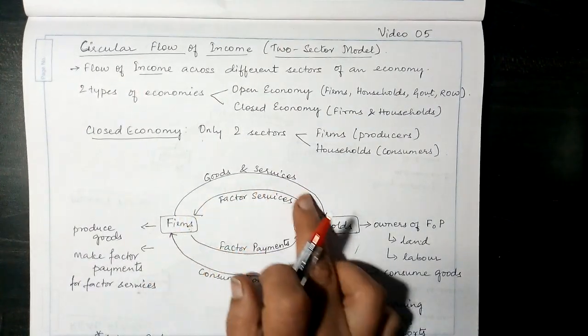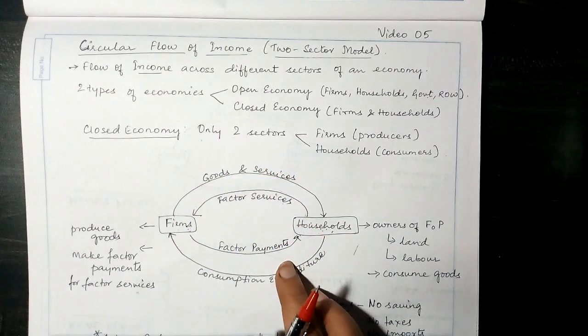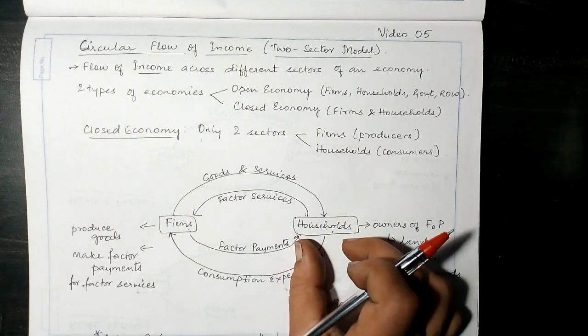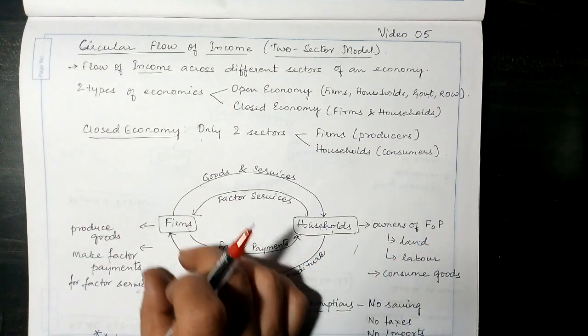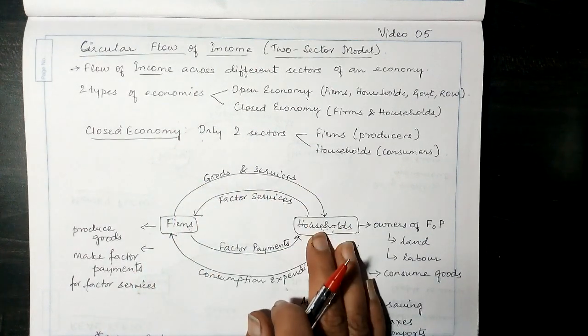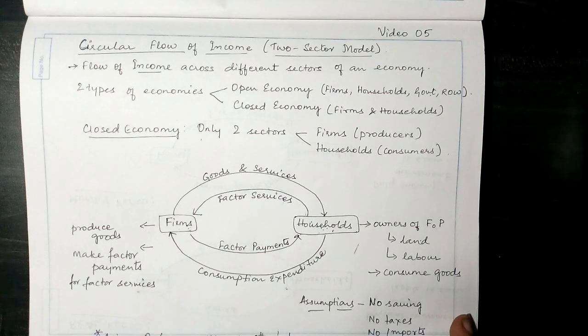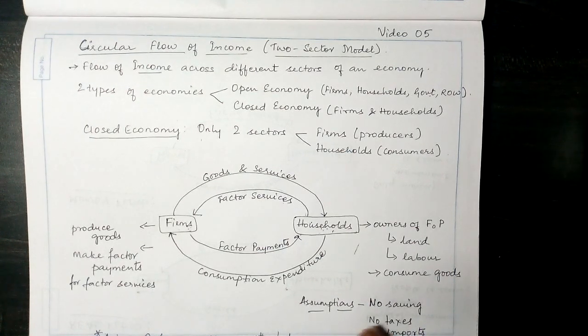Hence, there is a continuous flow of factor services from the households to the firms, and of goods and services from the firms to the households. So the households and the firms are interdependent on each other.